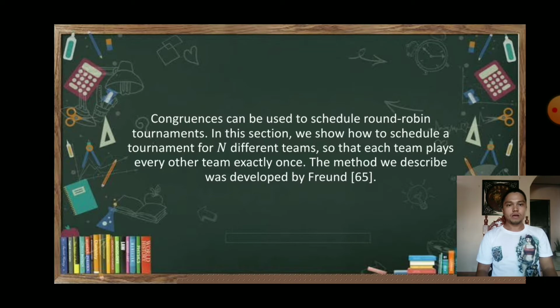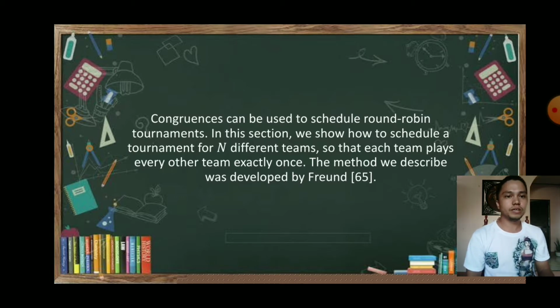Okay, so actually po, we have a different formula naman po on how to schedule using round-robin tournaments. But in this section, since we are dealing with elementary number theory, ang gagawin po natin is to apply the congruences. Okay, so the method we described was developed by Freund.